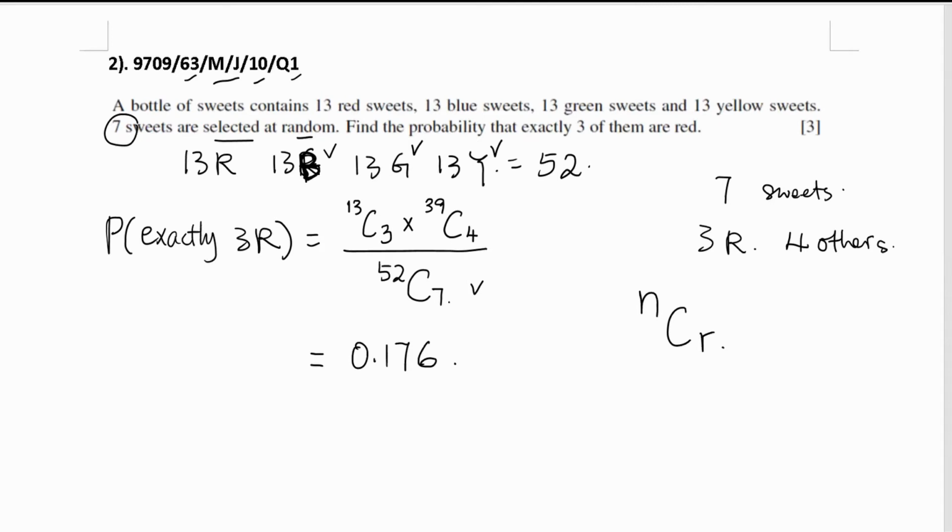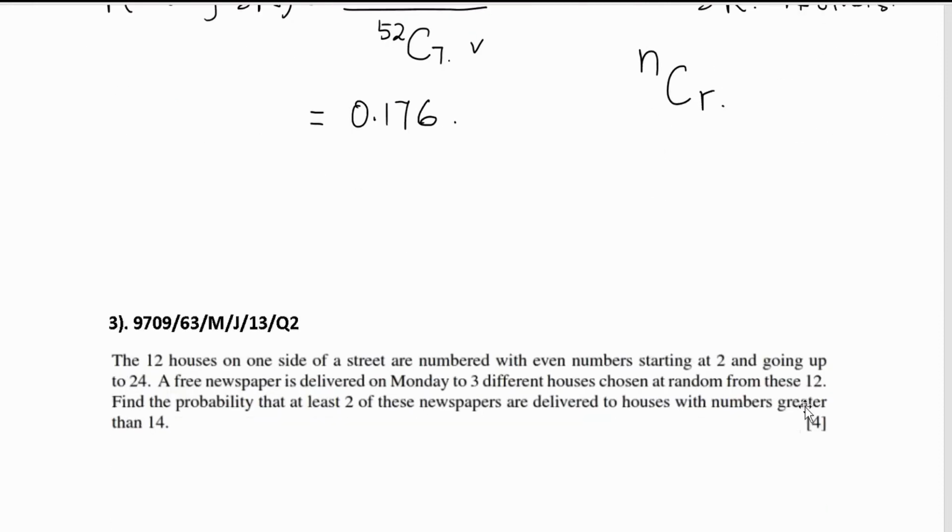All right, now we look at the next question. Okay, this is the question from May-June 2013, variant 63, question 2. The 12 houses on one side of a street are numbered with even numbers starting at 2 and going up to 24.